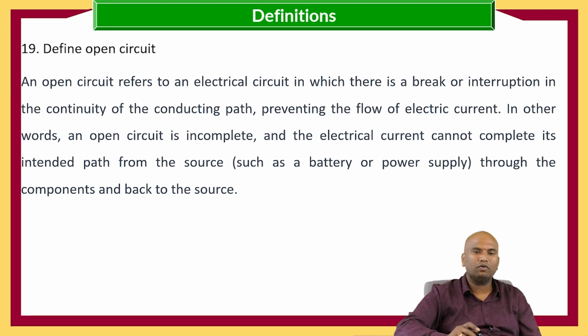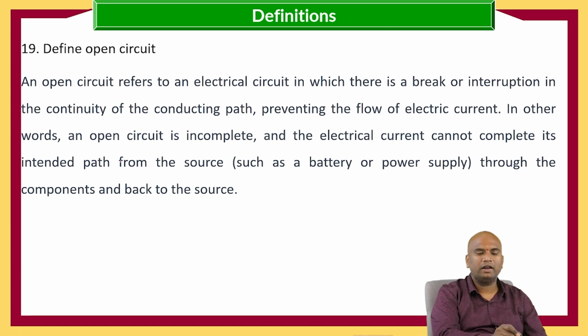Then that is called an open circuit, which will prevent the flow of electric current. In other words, an open circuit is incomplete and the electrical current cannot complete its intended path from the source through the components back to the source.